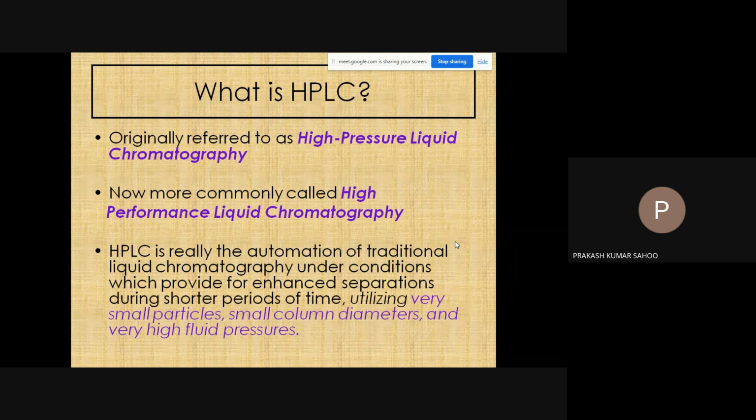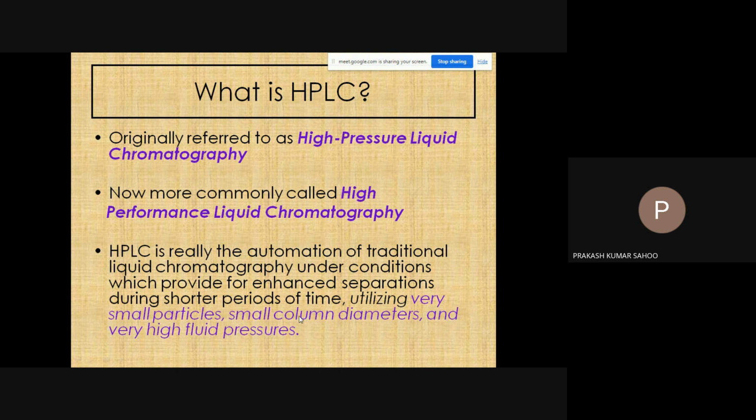By utilizing very small particles or small size sample is required, and small column diameter. Due to the small column diameter, it becomes very fast as compared to the traditional LC, and very high fluid pressure.